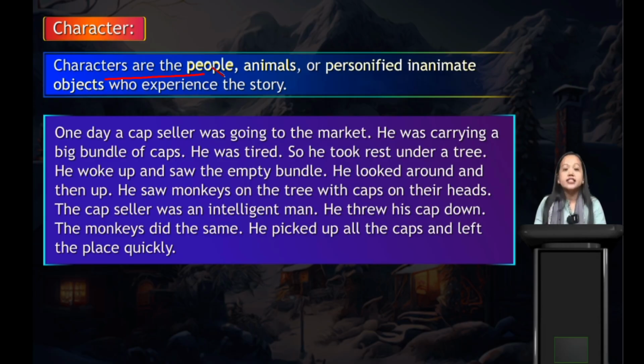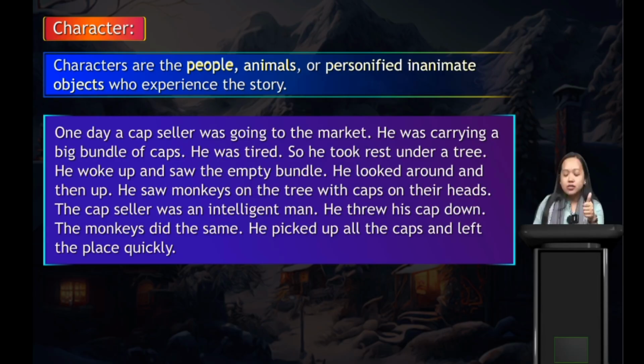Characters are the people, like the intelligent cap seller, or animals like the monkey, or personified inanimate objects who experience the story. According to that person, the story revolves around them. Okay, so those are our characters.